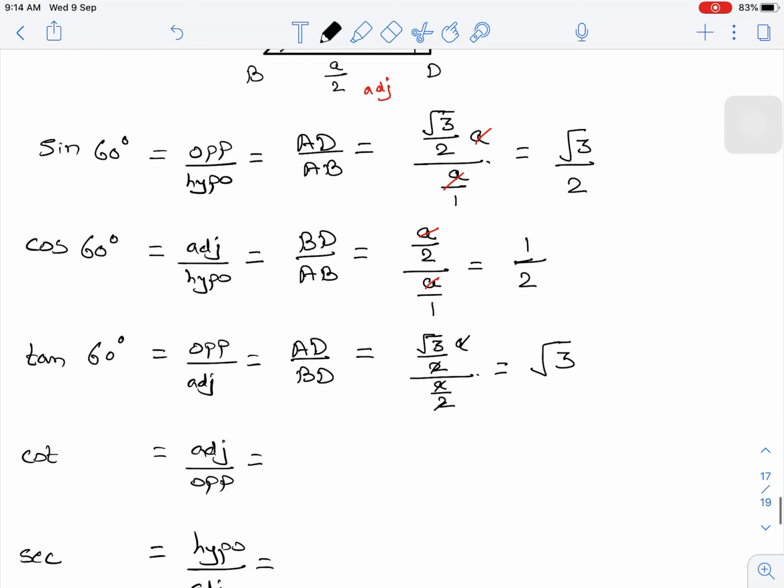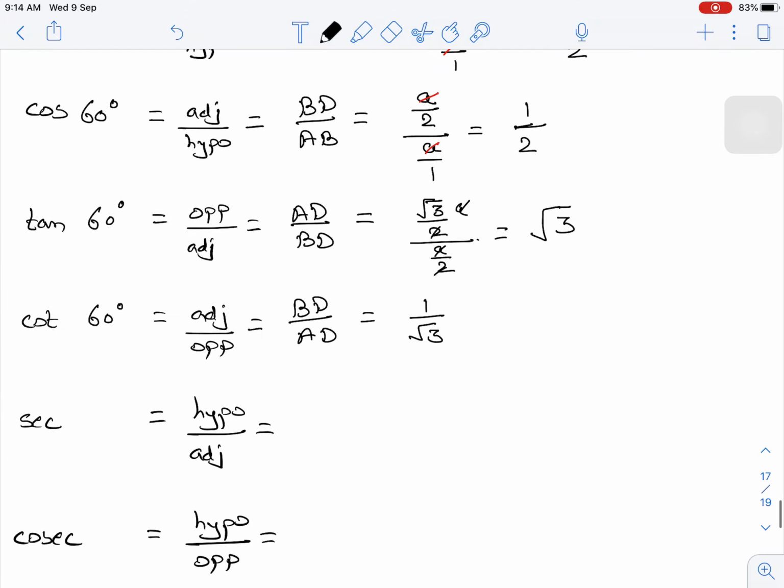Now next one, cot 60. Cot 60 is nothing but adjacent upon opposite, that is a reciprocal of this one. So what will be the value of cot 60? It will be BD upon AD, that equals, now I am directly writing the values over here, it will be 1 upon root 3. Then next we have sec 60.